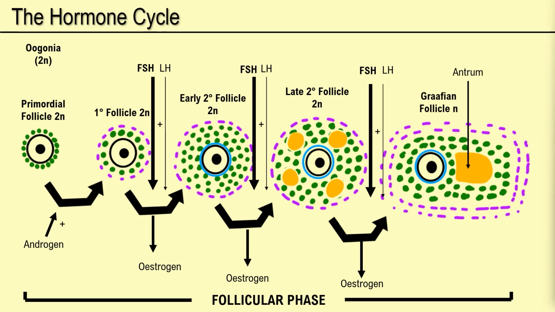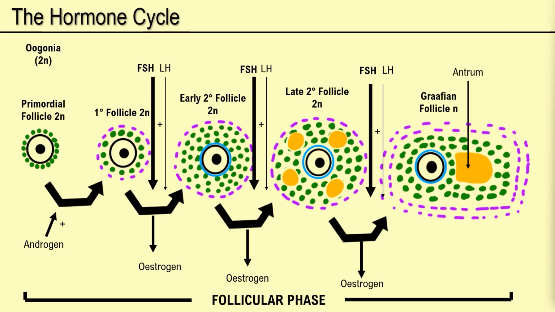We can see that the follicular fluid has coalesced into a large well of fluid called an antrum. The late secondary follicle has undergone meiosis, and we now have a secondary oocyte with half of the genetic material enclosed in a Graafian follicle, with a large pool of follicular fluid called an antrum. This whole phase is known as the follicular phase of the menstrual cycle.